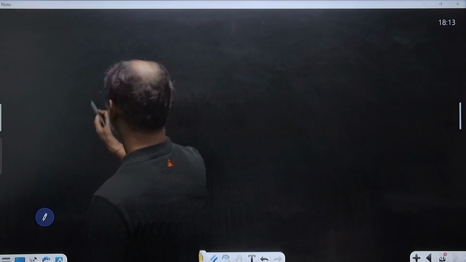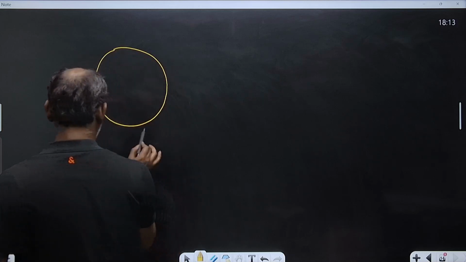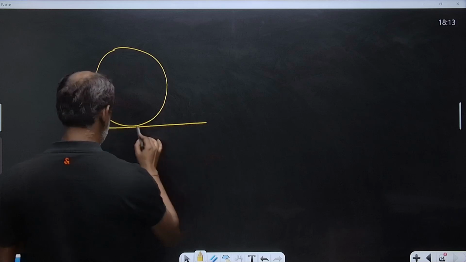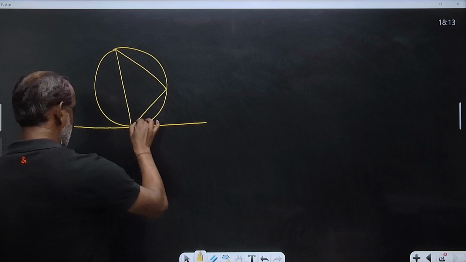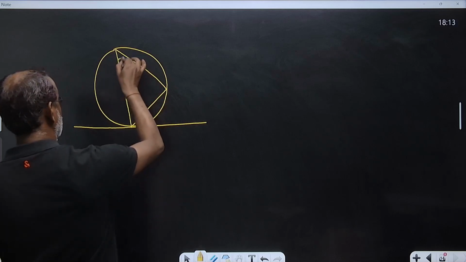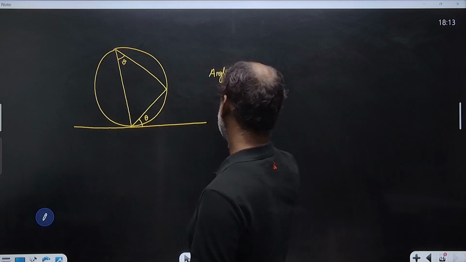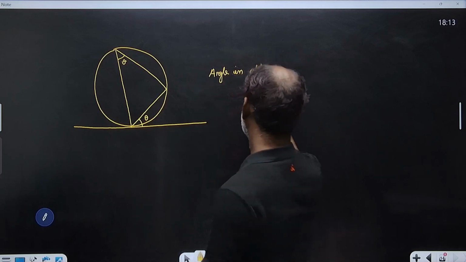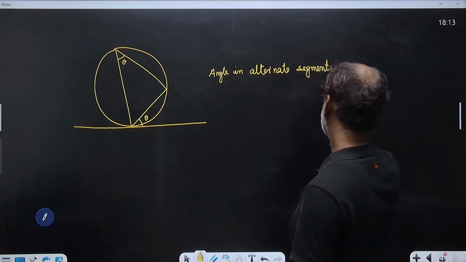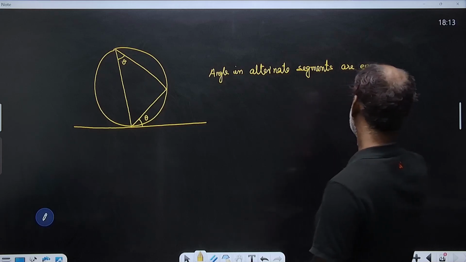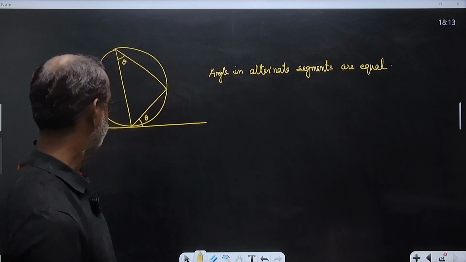Further, this is said: angles in alternate segments are equal. Fine.